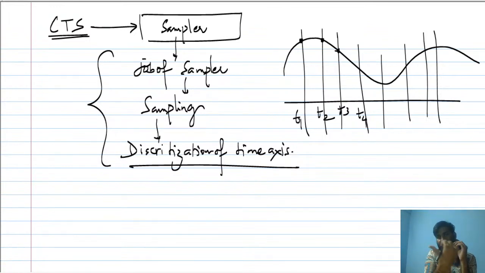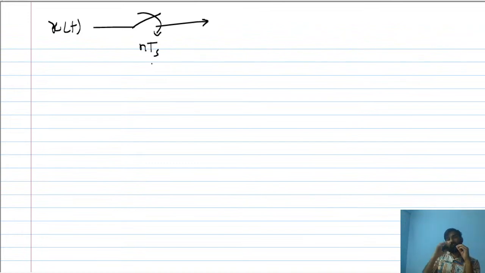If you give a CTS to the sampler, what kind of signal will it give you? It will give you a DTS, discrete time sequence or signal, we call it. We give x of t to the sampler, where Ts is known as the sampling interval.